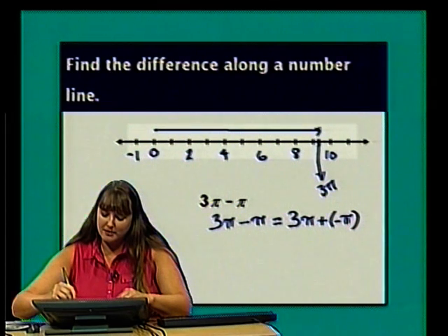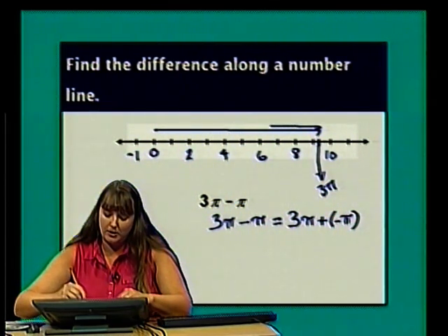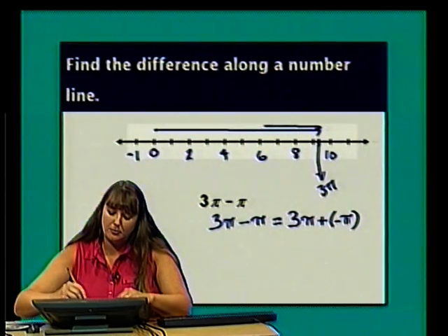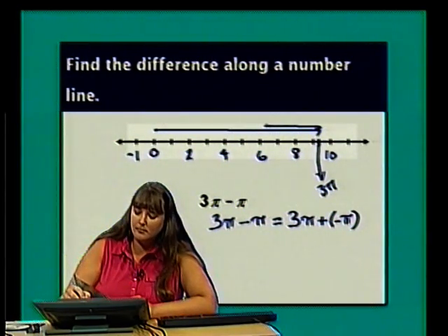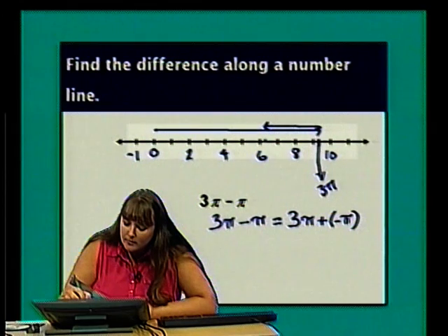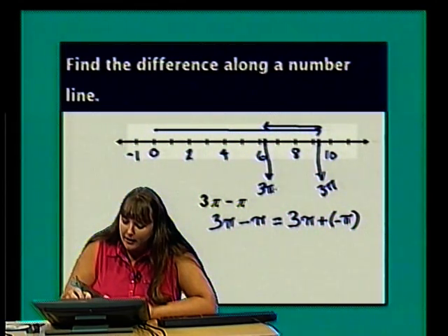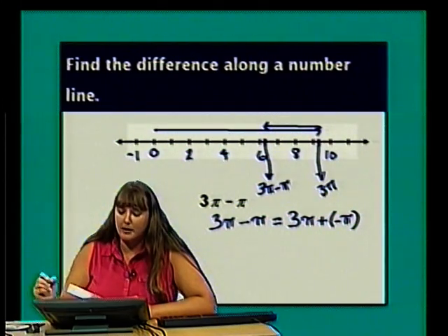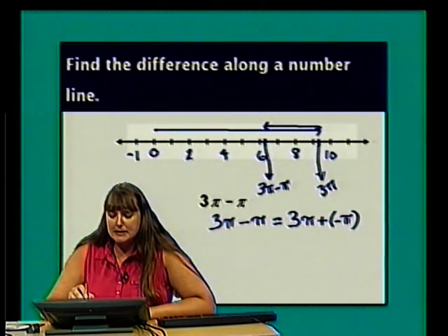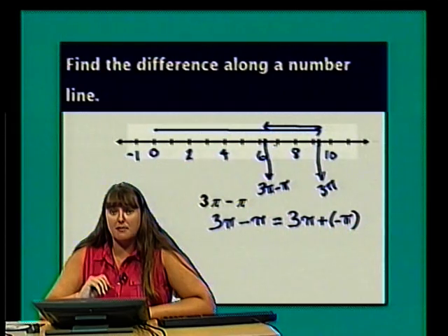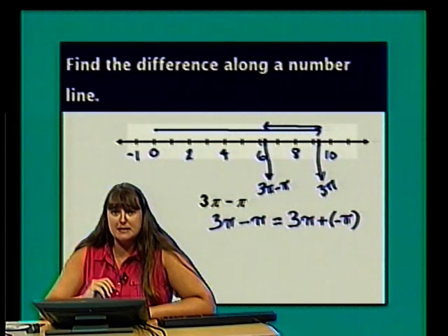So picking up where I left off, left 1, 2, 3, and a little bit more. So this point on my number line would represent 3 pi minus pi. And I can see that the number is in between 6 and 7, a little bit closer to 6 than 7 though.